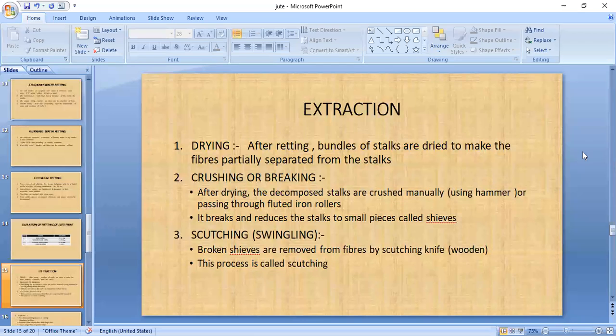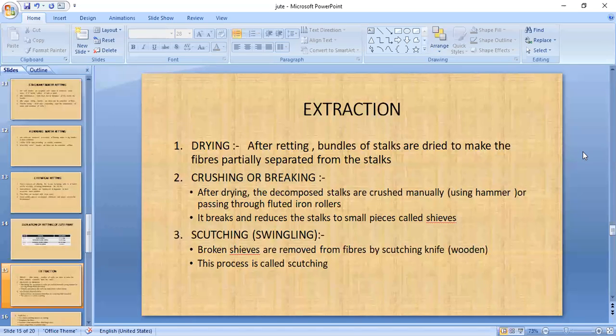So either we can use this pair of rollers or we can use hammers to crush the fibers. It breaks and reduces the stalks to small pieces called sheaves. And what will happen with this? After crushing or breaking, the stalks will be reduced into small pieces, and those pieces are known as sheaves.